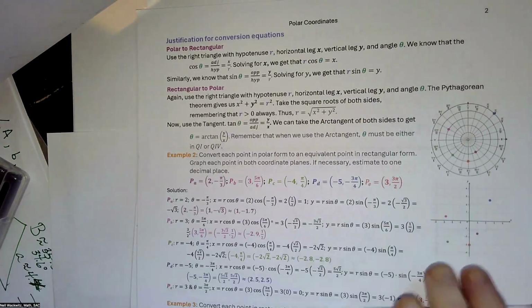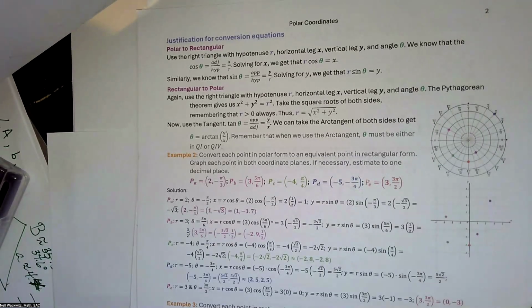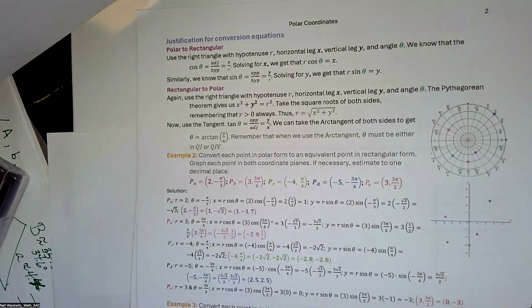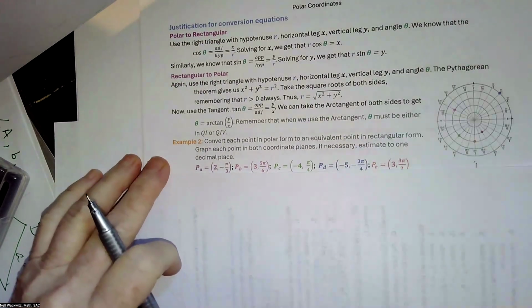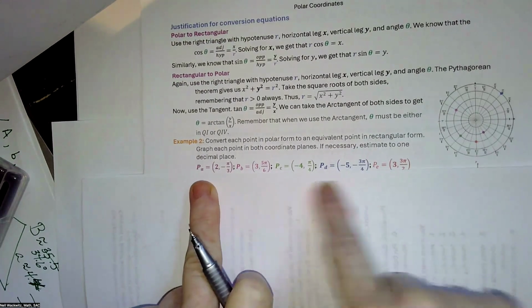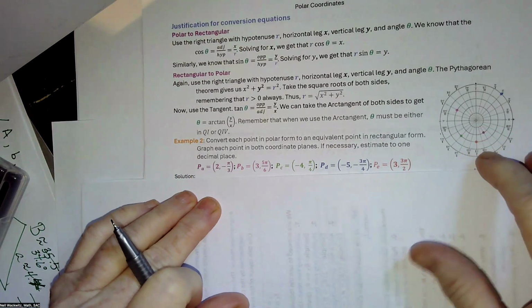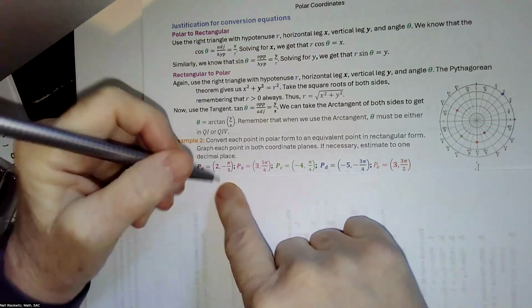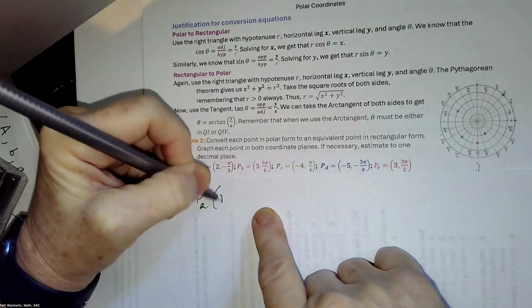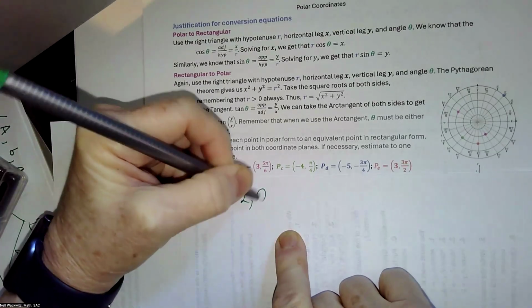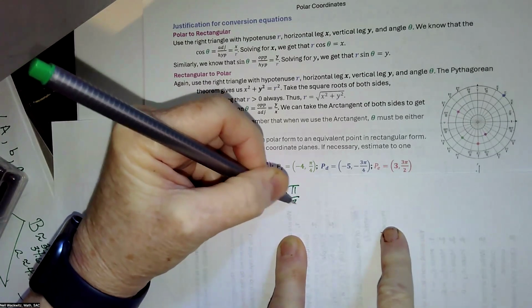So let's convert these polar coordinates into rectangular. Here, for P sub A, we know that r is 2 and theta is negative pi over 3.